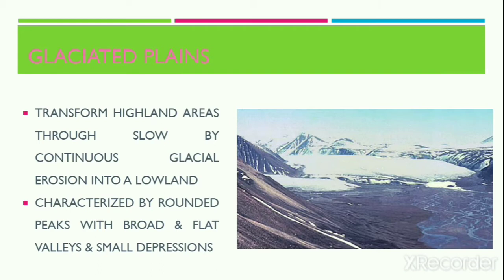Thus, the glaciated plains are characterized by rounded peaks, broad and flat valleys, and small depressions, which become lakes when they are filled with water. Swamps and marshes are also developed over glaciated plains. You can take the northern part of North America and northwestern Eurasia as such type of glaciated plains.